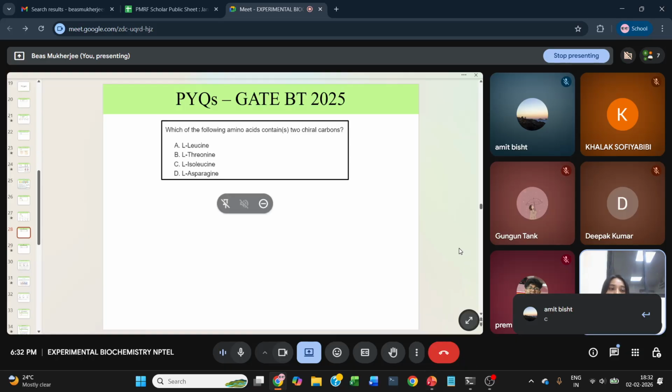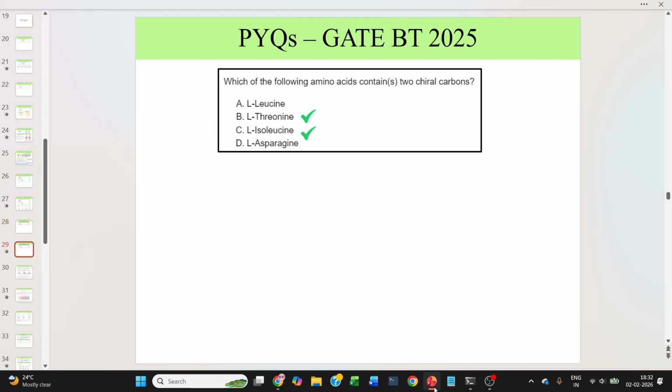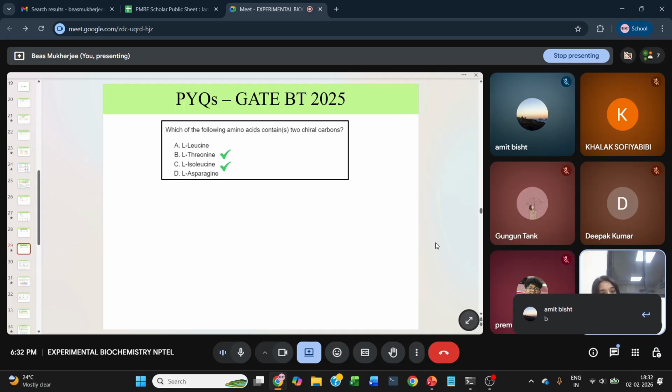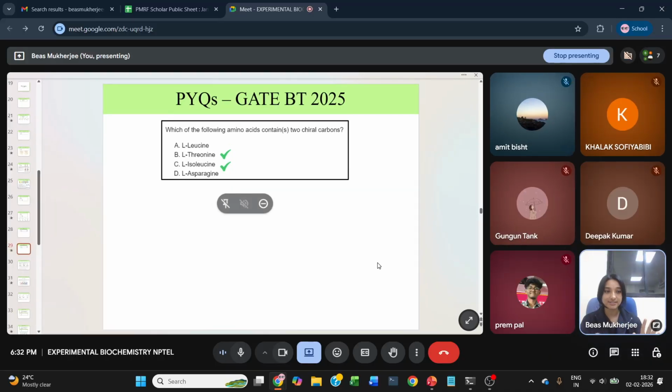So isoleucine has two chiral centers as we saw in the previous slide. And we also saw threonine. Right? Threonine also has two chiral centers. So both threonine and isoleucine would be your right answer. Very good. Okay, that is why these practice questions are important, so that when you get actual GATE or NET or CSIR, DBT, etc. questions, you are able to attempt them.